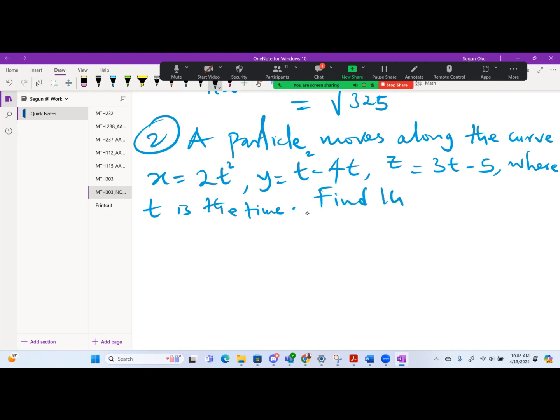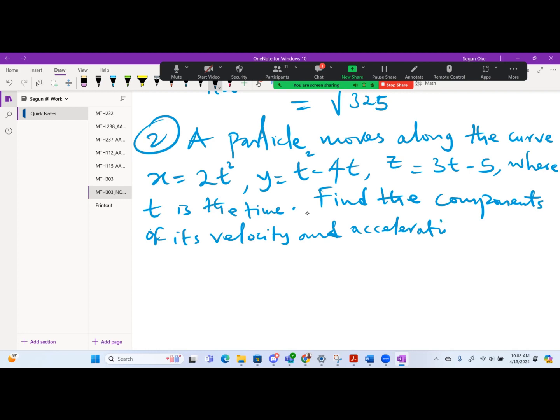The question says, find the components of its velocity and acceleration at time t equals 1 in the direction i minus 3j plus 2k.